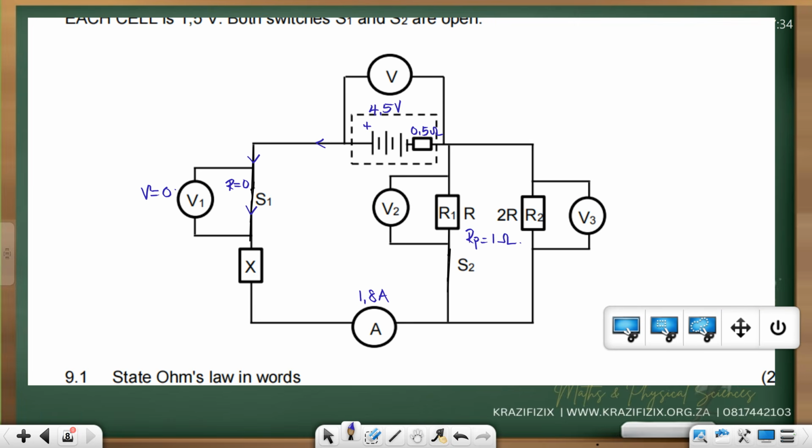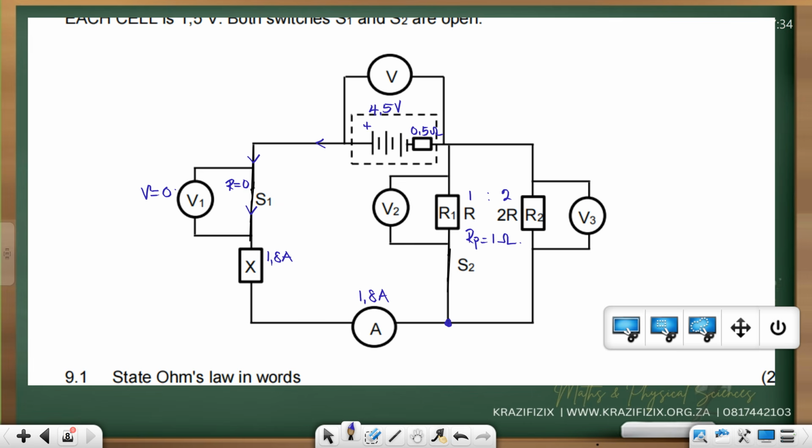Okay. Current flows. What is the current? 1.8. I'll come here and write my 1.8 there. Current continues. Oh, when current gets here, what happens? It splits. And the beauty of this is, look at R and 2R. We can quickly get the current. What is the value? Look, this is 1 ratio what? 2.